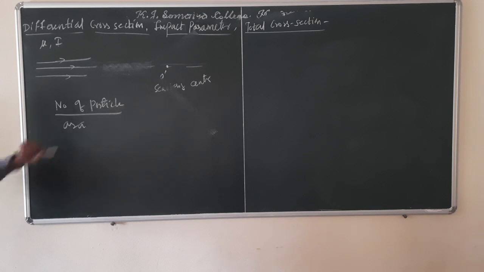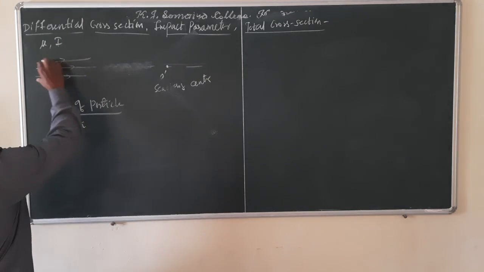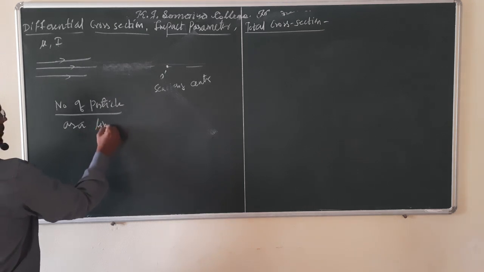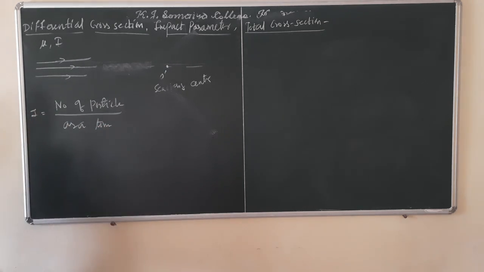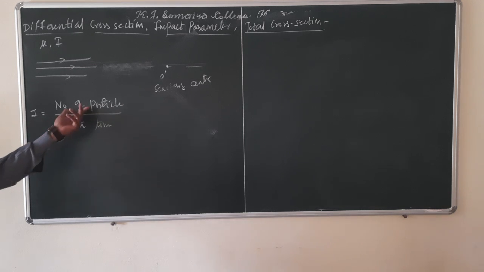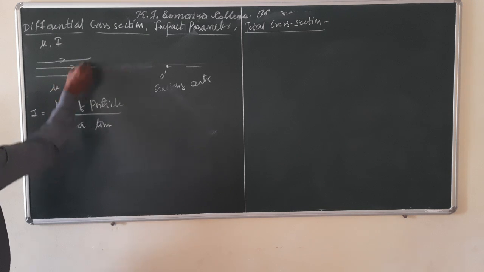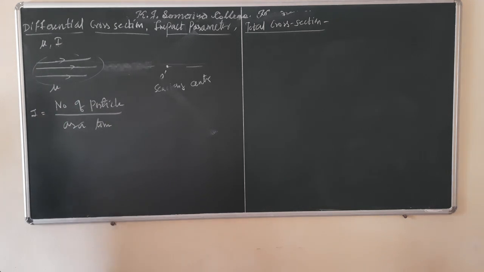So it is the number of particles incident per unit area per unit time. This is the definition of intensity. If intensity is higher, then the number of particles coming in this area per unit time is very large. Again, mu is the reduced mass of all these particles.